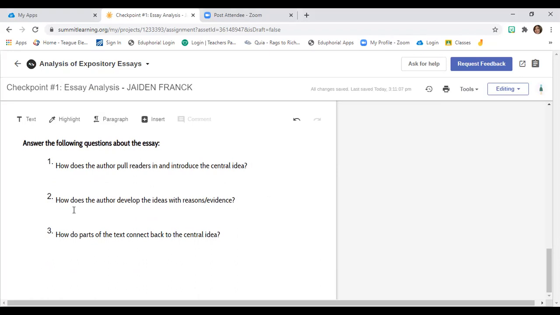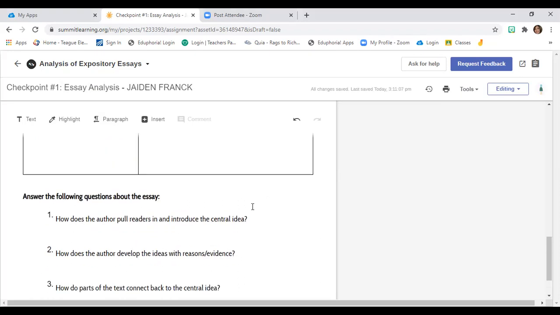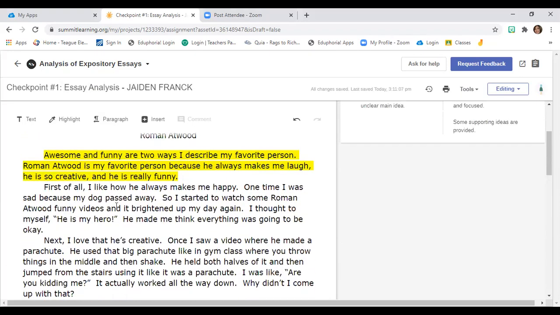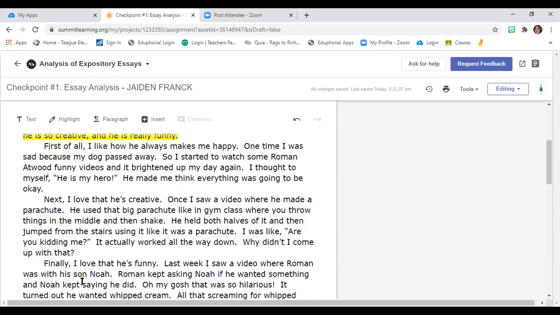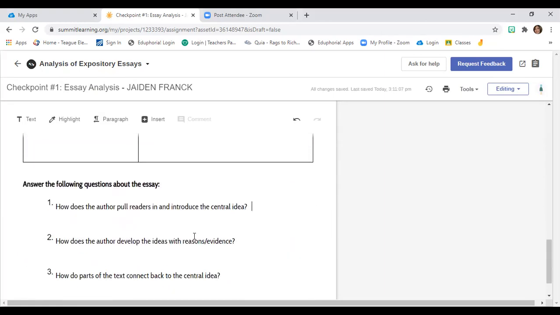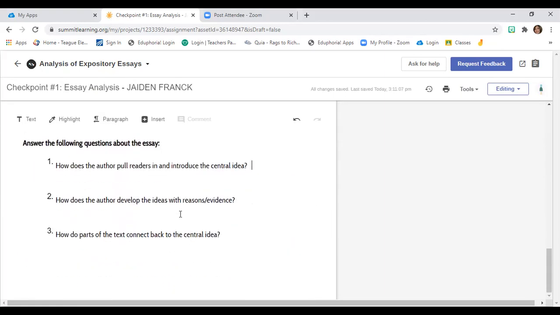Question number 2, how does the author develop the ideas with reasons and evidence? So based on your body right here, these 3 paragraphs, boys and girls, this is the body of the paper. In these 3 paragraphs, you have the reasons. You have 1 reason per paragraph. So based on the reasons that you will be identifying, how does the author develop the ideas with the reasons and evidence?